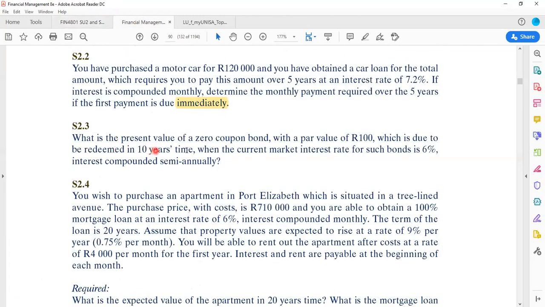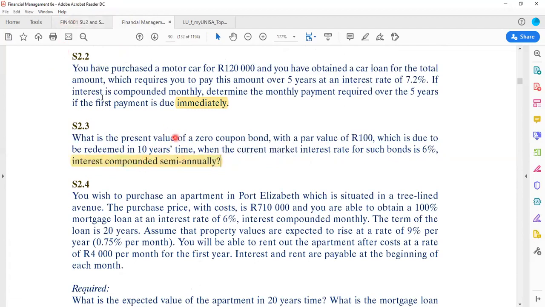Question 3, what is the present value of a zero coupon bond with a par value of 100 Rand, which is due to be redeemed in 10 years' time, when the current market interest rate for such a bond is 6% interest compounded semi-annually?